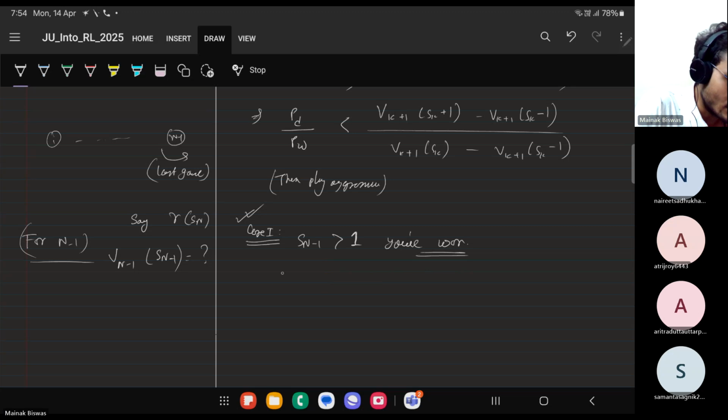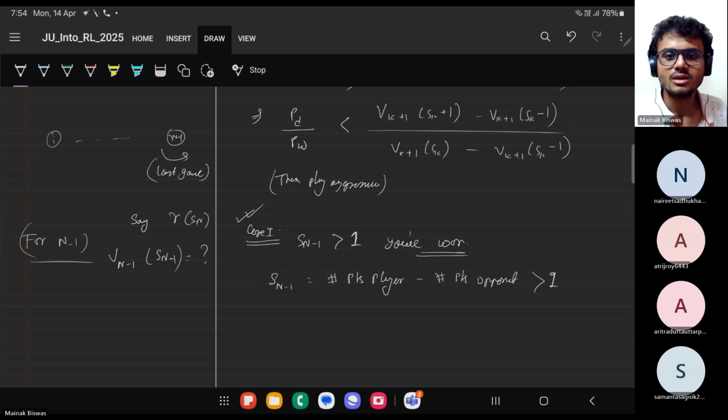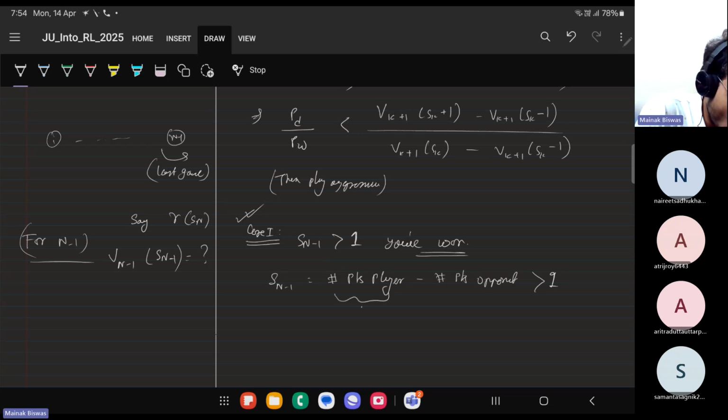Again, S_{n-1} is defined as the points of the player minus the points of the opponent. If this is greater than 1, it means the player already has at least 2 games more.